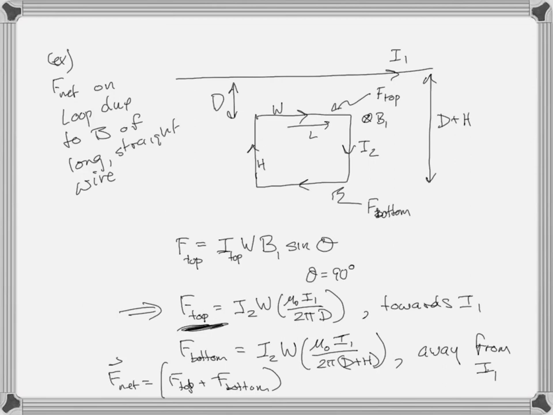So the net force is just adding up those two vectors, F top and F bottom, recognizing they're in opposite directions, so you have the minus sign between them. And the net force is towards I1. So this loop is going to be attracted to the current carrying wire I1.